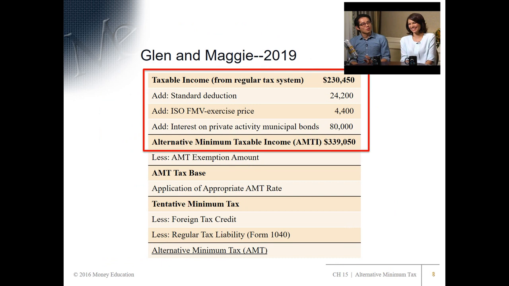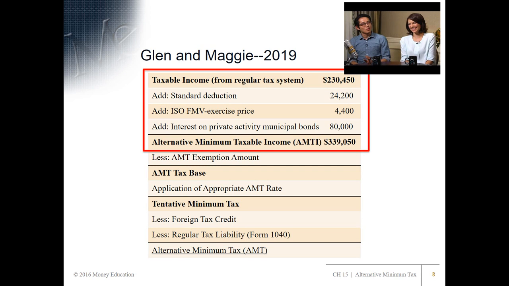All right. So we're going to work our way down through this AMT tax formula. So again, we start with the taxable income, just from the rules we've been learning, $230,450. We're going to add back the standard deduction as of 2019. So the standard deduction is $24,200. It's indexed every year. Then we're going to add back 2 things that I am just now telling you about their tax situation: they did exercise an incentive stock option, and so they have a difference between the fair market value and exercise price of $4,400.